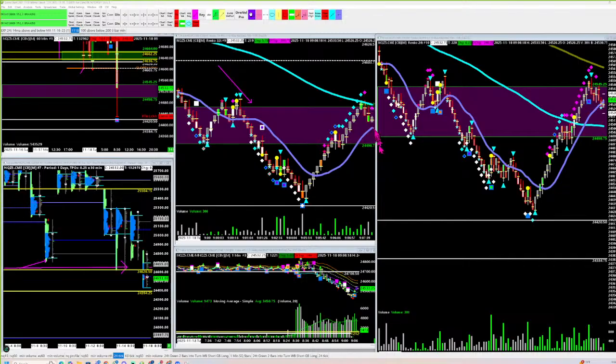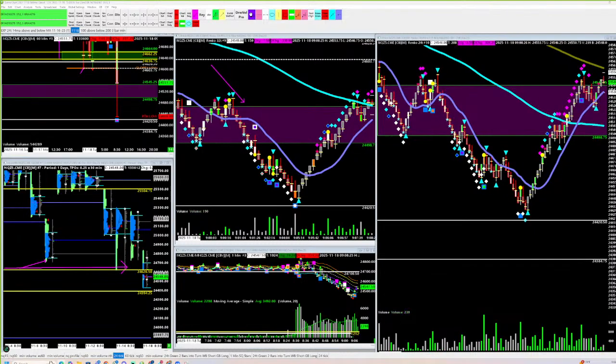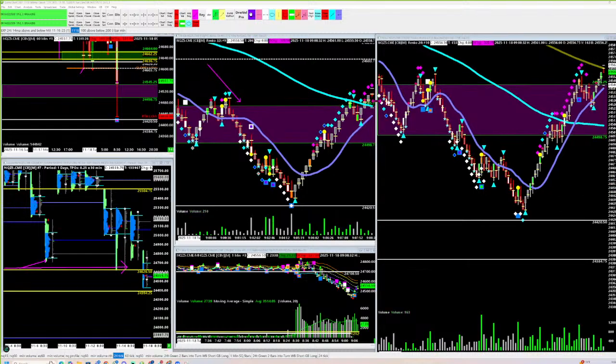Green bar down, but second bar down, not first. Maybe news floating around, who knows? Just follow the little bouncing balls.